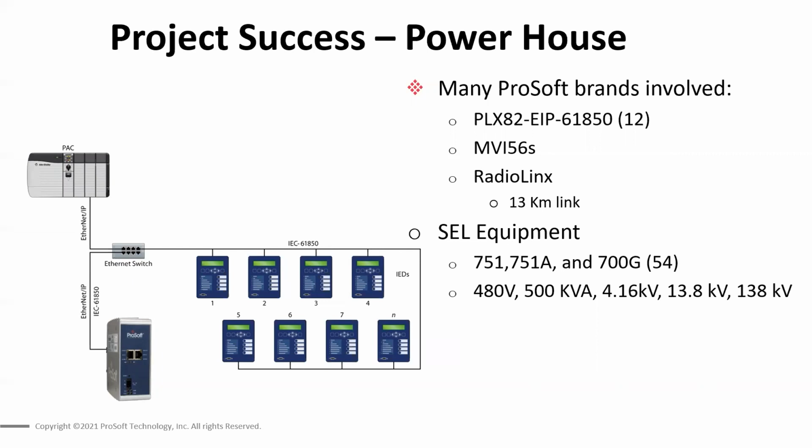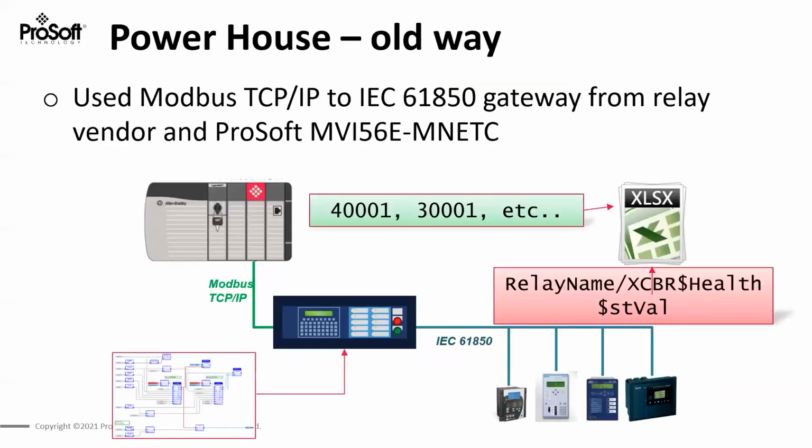And how our customer was able to see the benefit was, if you look at the old way they were doing it, they had these protective relays out in their plant communicating 61850, and a standalone RTU unit.